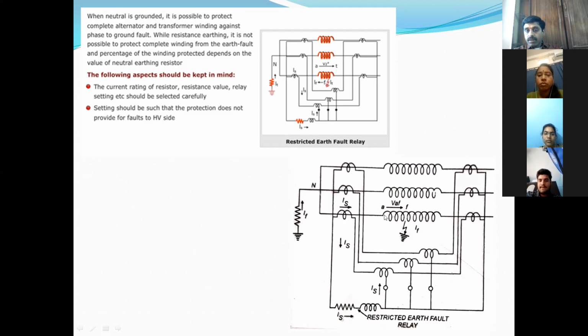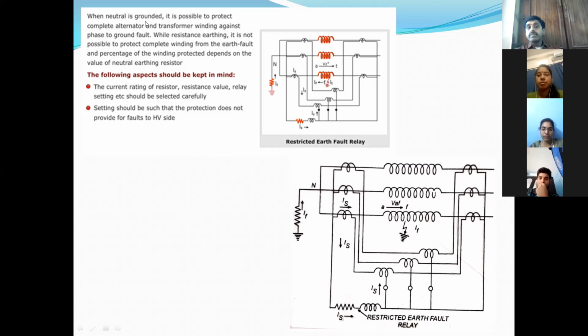That means when the fault occurs in this region, around 15 to 20% of the total winding, the relay will not operate. That means the fault is there, but the relay will not operate. Therefore, there is no protection when the fault occurs in this region. When the fault occurs beyond this point, that means the remaining 80 to 85% of the winding, sufficient fault current will be there for the relay to respond. Therefore, the relay will operate. Understand this point?